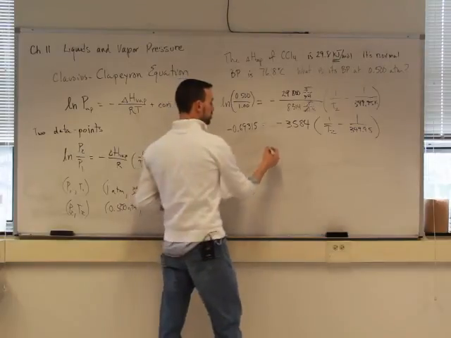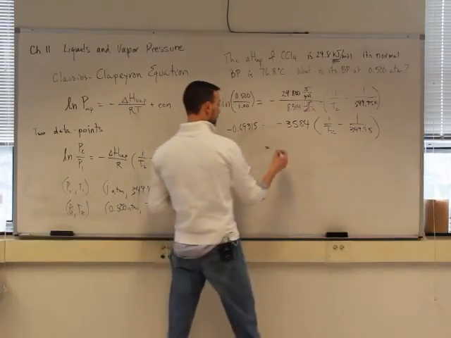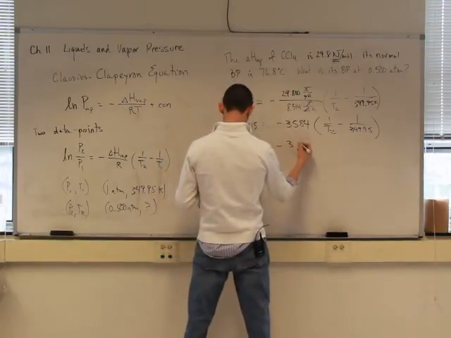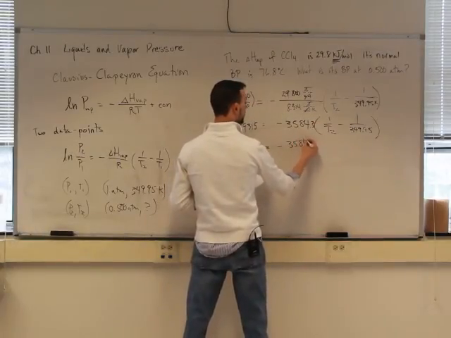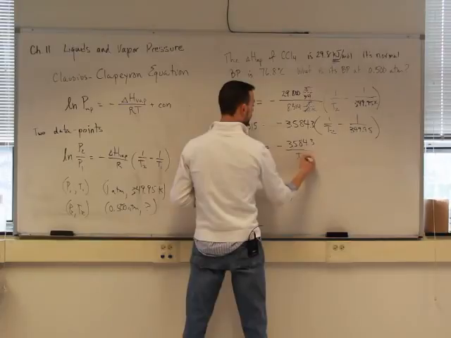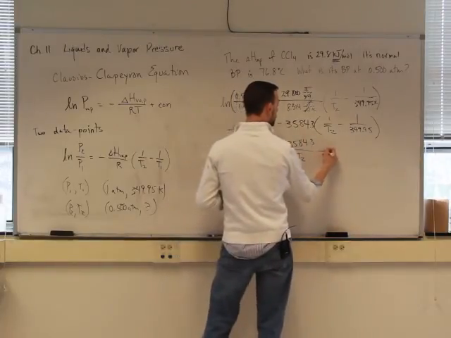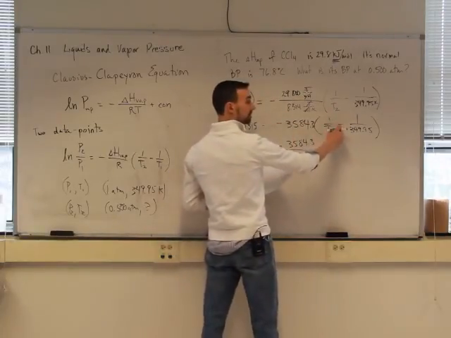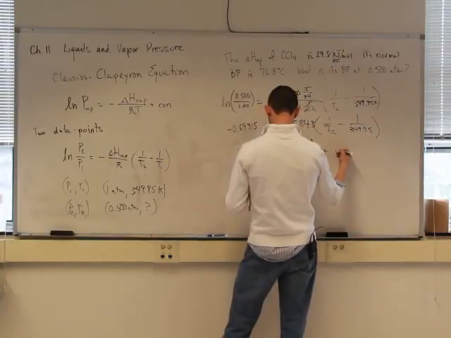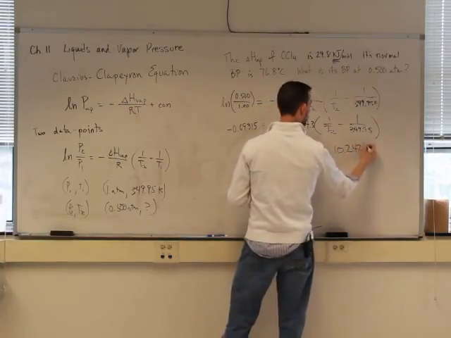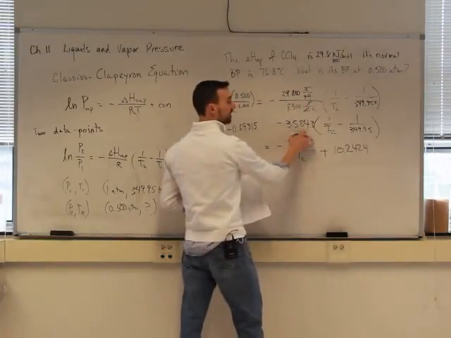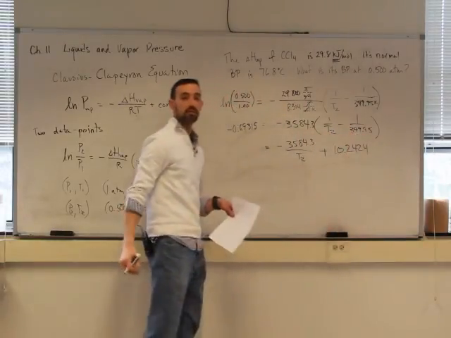So I'll need to distribute, okay? So I've got negative 3,584.3 over T2 plus negative times the negative 10.2424 when I take the 3584 divided by 349.